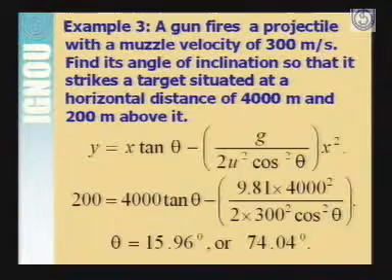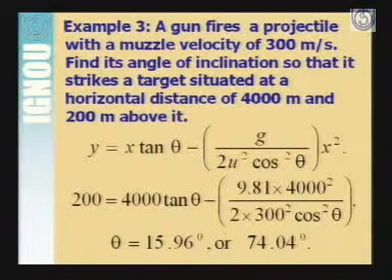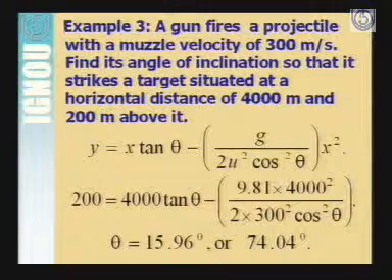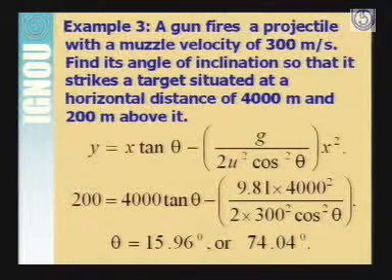So here we have got the expression for y, that is the expression for the path, that is a parabolic path. y is equal to x tan theta minus g divided by 2 u square cos square theta multiplied by x square.